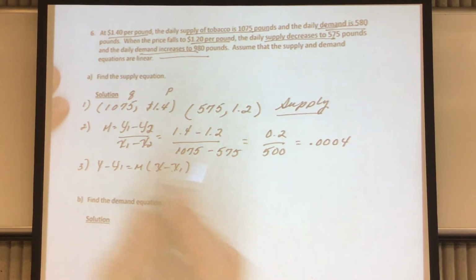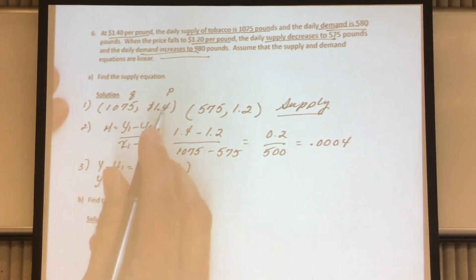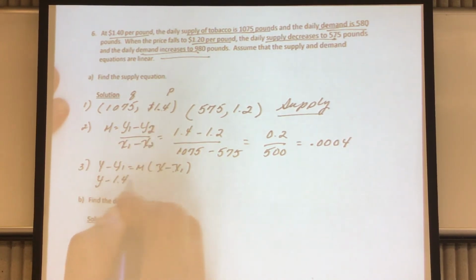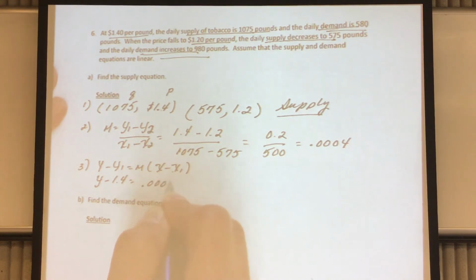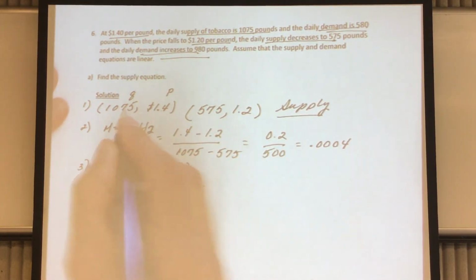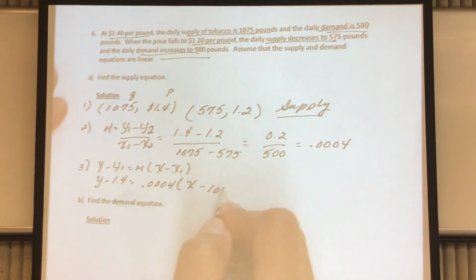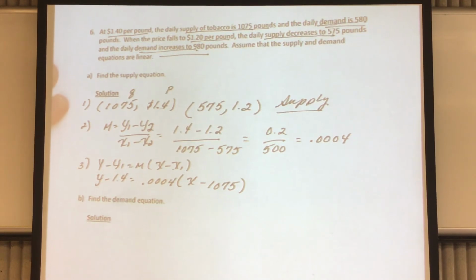So we have y minus y1, and our y1 is the p1, which is 1.4, is equal to our slope, 0.0004, times x minus our x1, which is our first point, and that is, the quantity is 1,075.